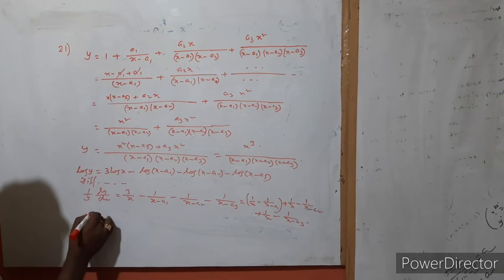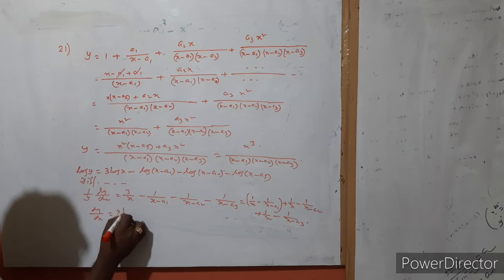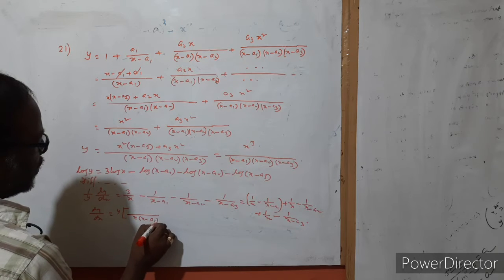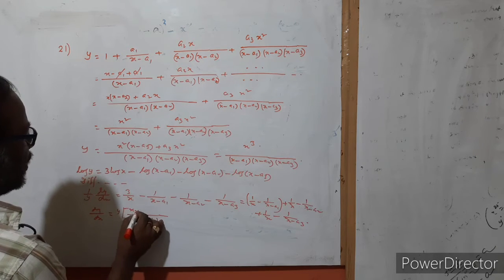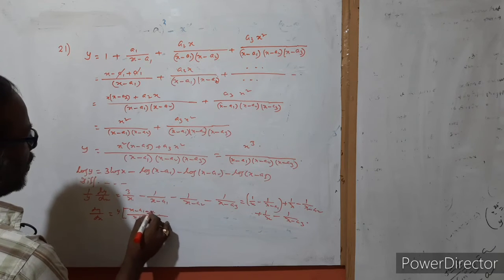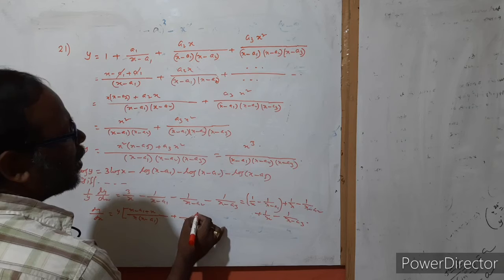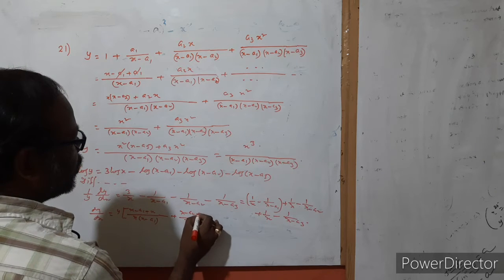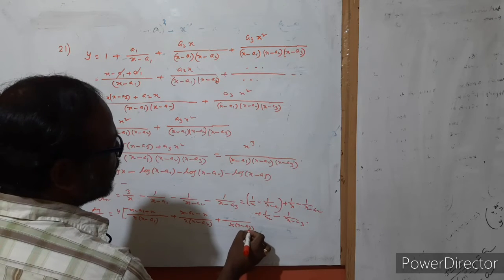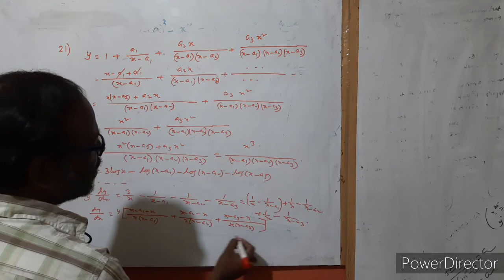Okay, this is dy dx, multiply on the right hand side, and you have to take an LCM of these two, then we get x into x minus a1, that is x minus a1 plus, this is minus x, similarly x into x minus a2, x minus a2 minus x, into x minus a3, that is x minus a3 minus x.